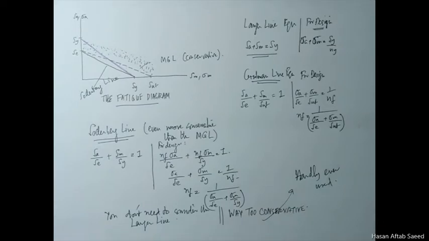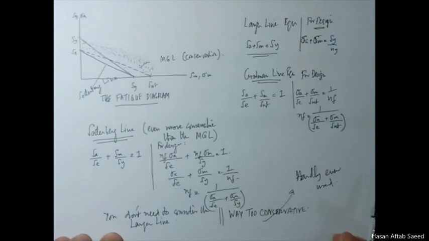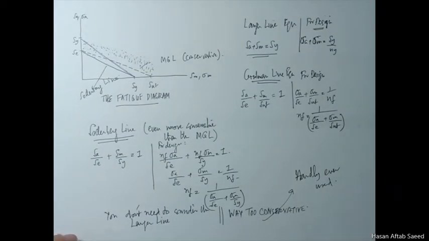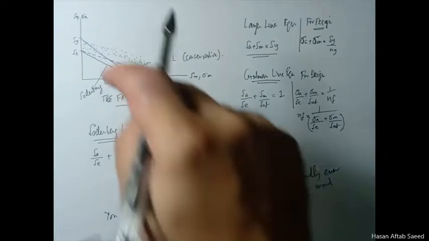Now, we have only considered straight lines as yet. Practice has shown that instead of straight lines, curves are better as far as representing the true state of affairs is concerned.